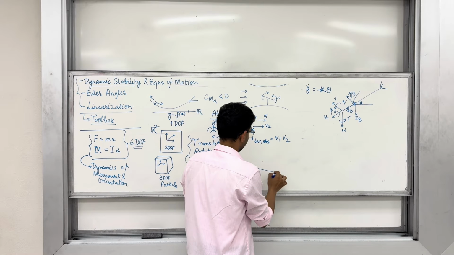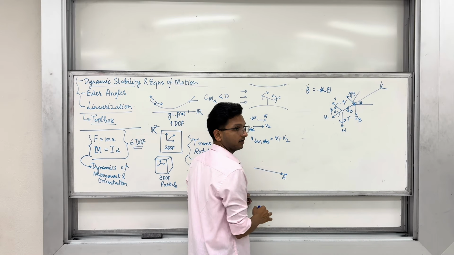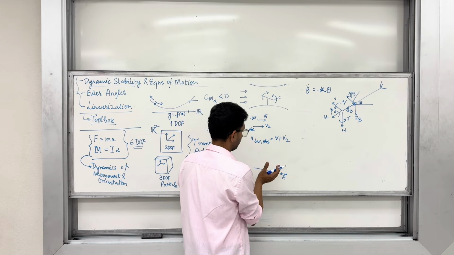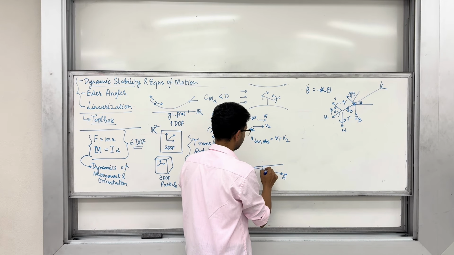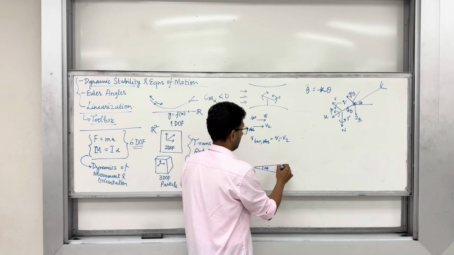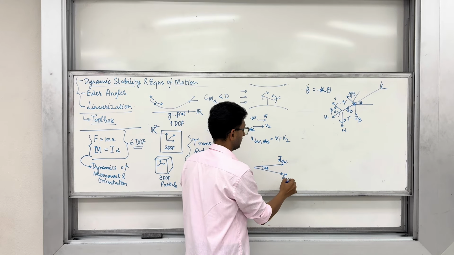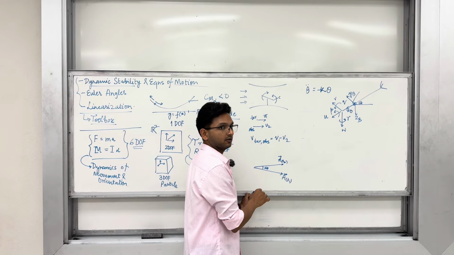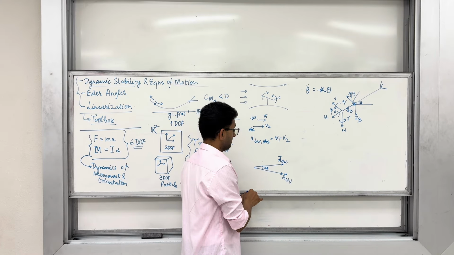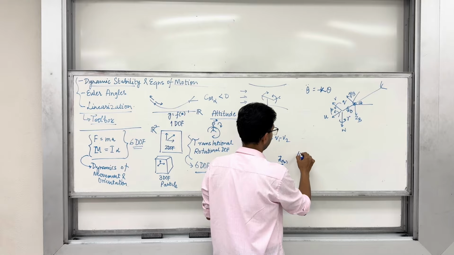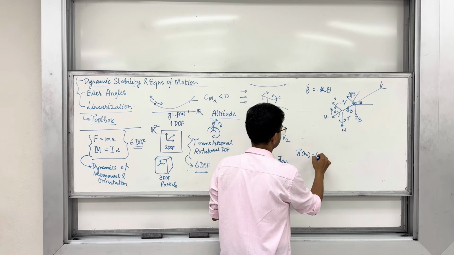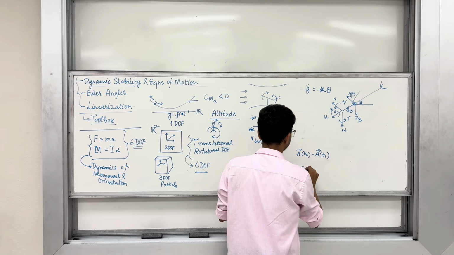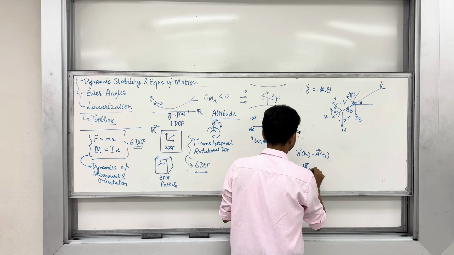Why do things get complicated? Let us say there was a vector A and it was rotating about this direction, and it rotated by a very small amount d theta. So, this is vector A at some time instant t2, and this is at some time instant t1. Now, the magnitude of A has not changed. What has changed? The direction. So, how do I quantify A at time t2 minus A at time t1?